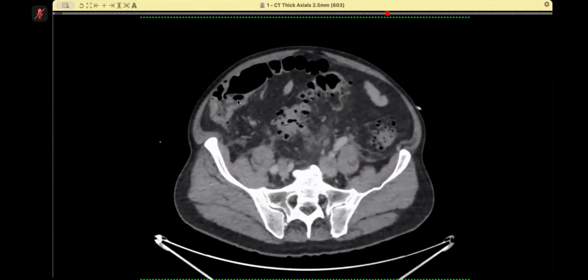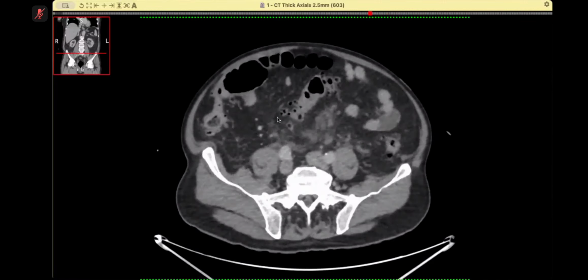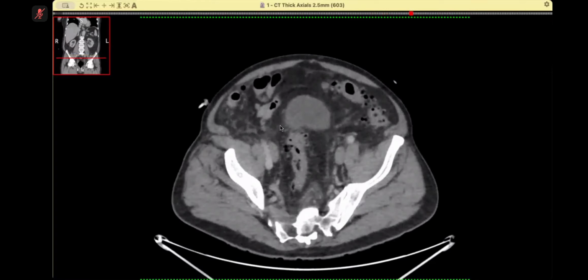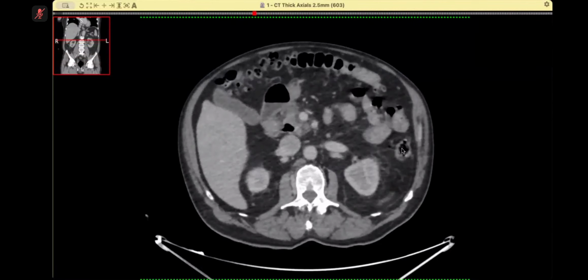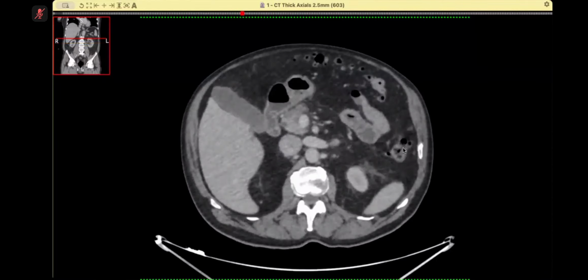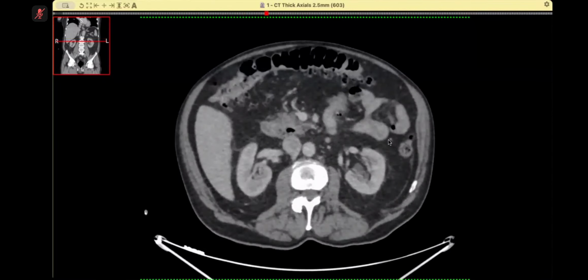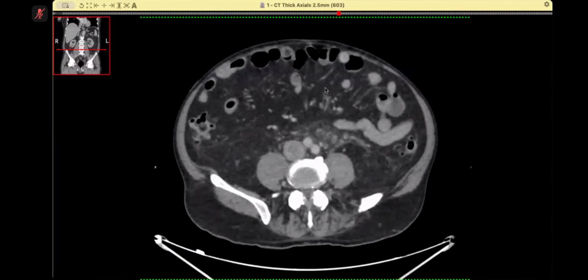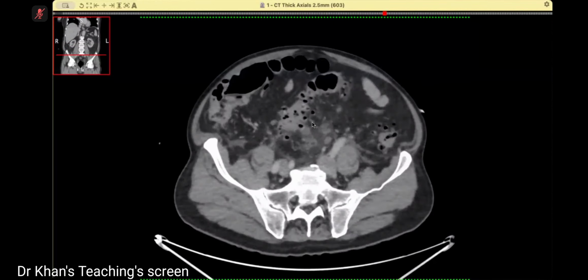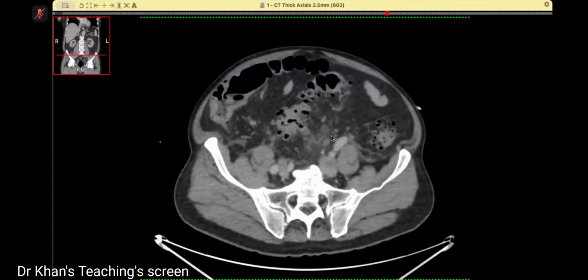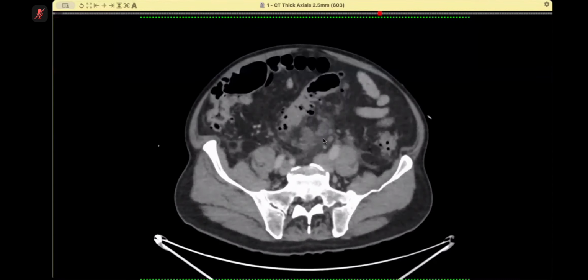So the key point was, look at the descending colon and there are many diverticula. As we come here, there are many diverticula. And with that, we see a lot of fat stranding. Now, this fat stranding is slightly unusual.